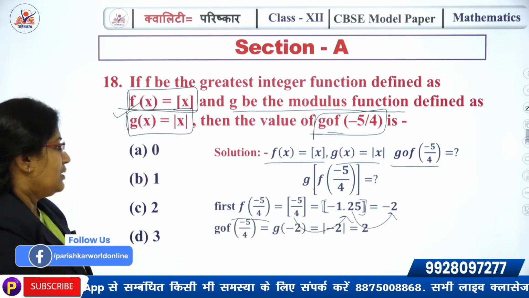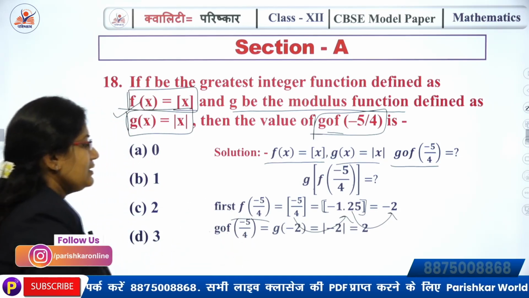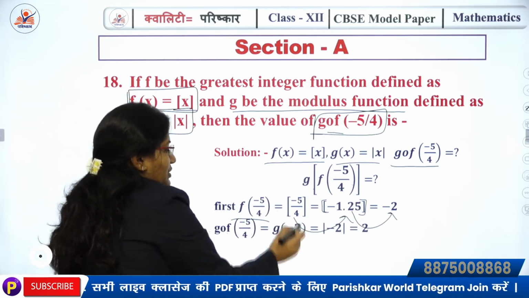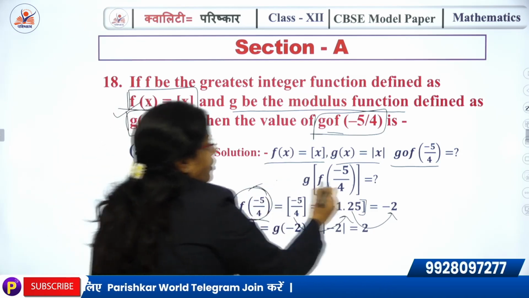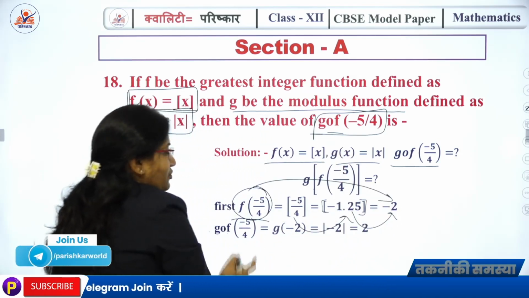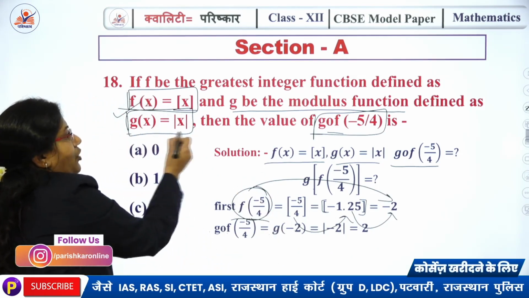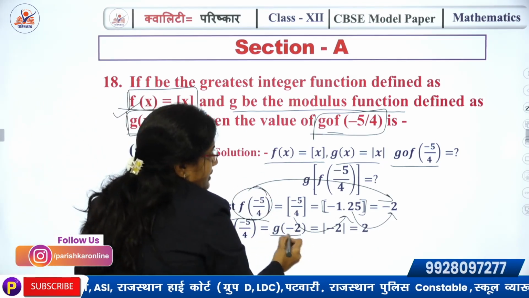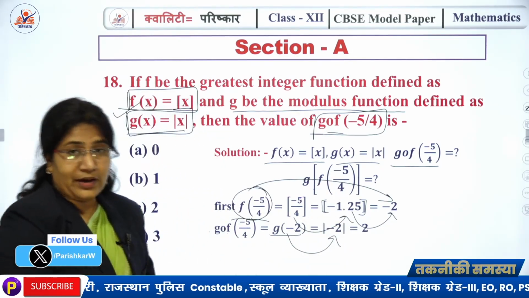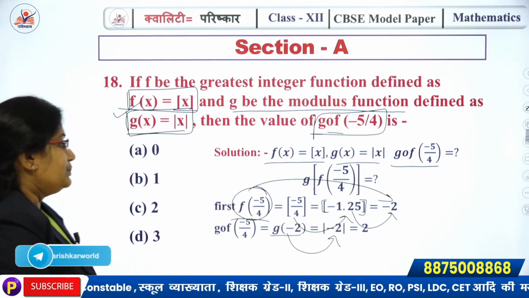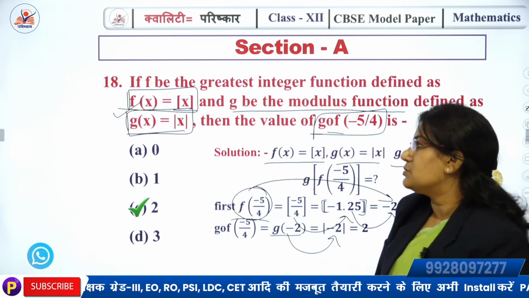Now, g composition f of minus 5 upon 4 equals g of the function at minus 5 upon 4, and the value of this function there is minus 2. That means we have to calculate g of minus 2, and g is the modulus function. So g of minus 2 is modulus of minus 2, which is 2. So the right option is option C, which is 2.